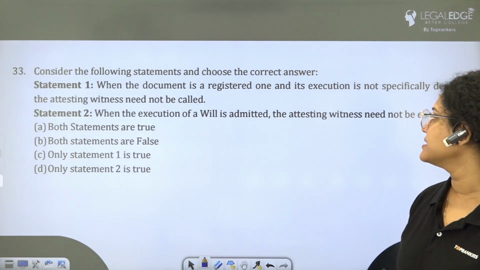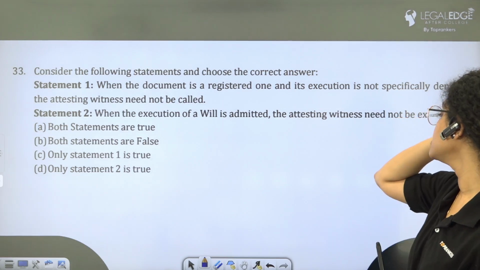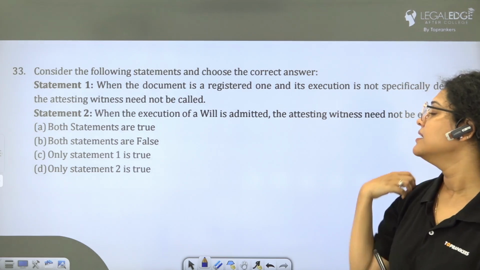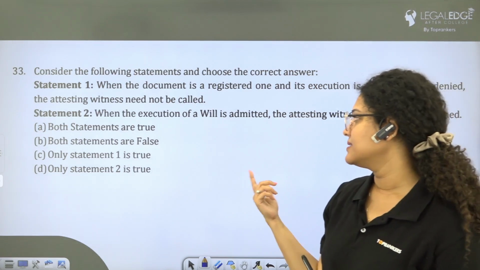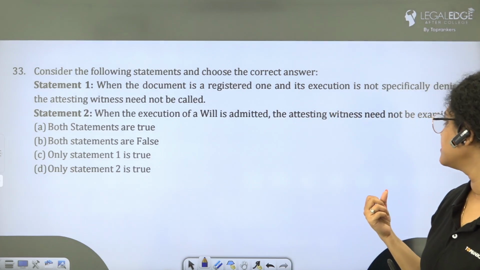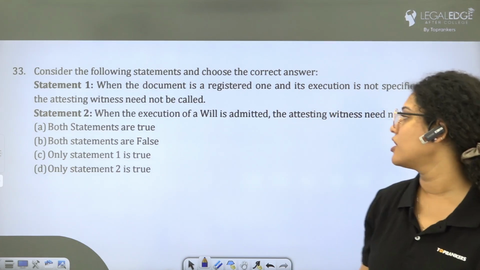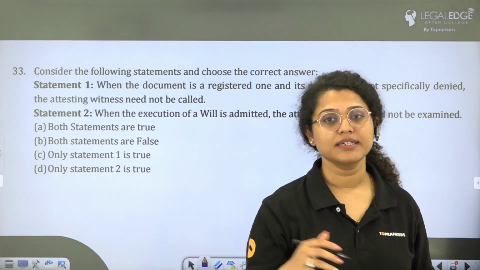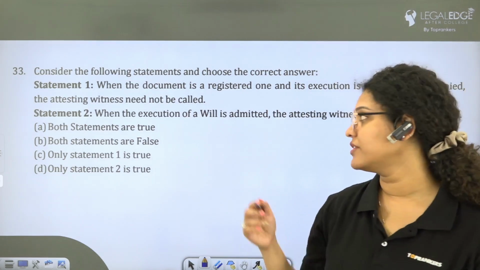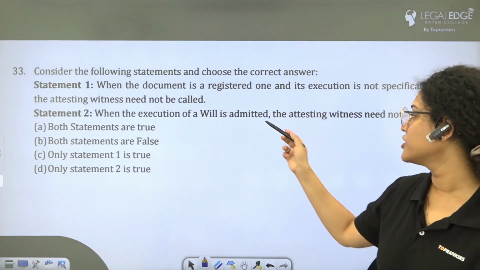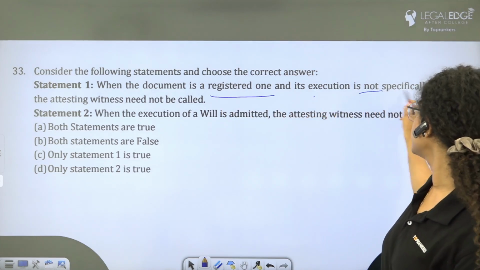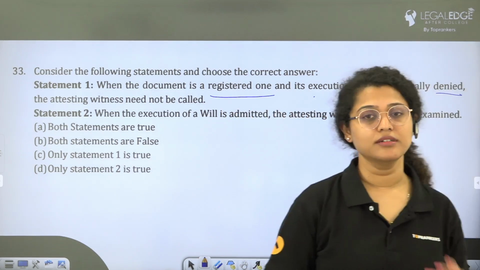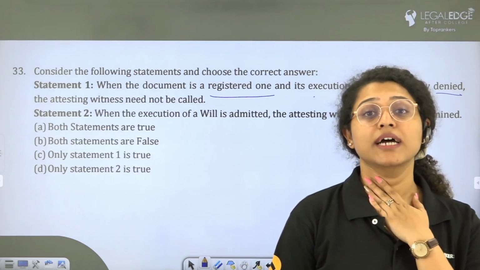Consider the following statements and choose the correct answer. When the document is a registered one and its execution is not specifically denied, the attesting witness need not be called. Second, when the execution of a will is admitted, the attesting witness need not be examined. What is correct over here? Your first statement says when the document is registered and its execution is not denied, the attesting witness does not need to be called.